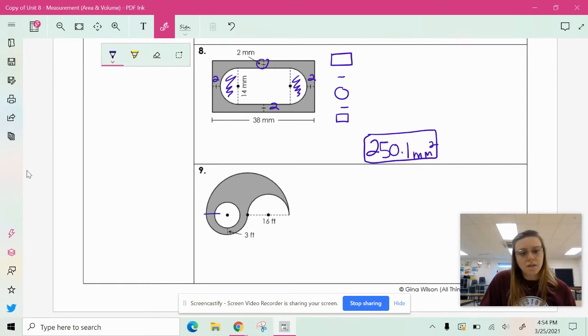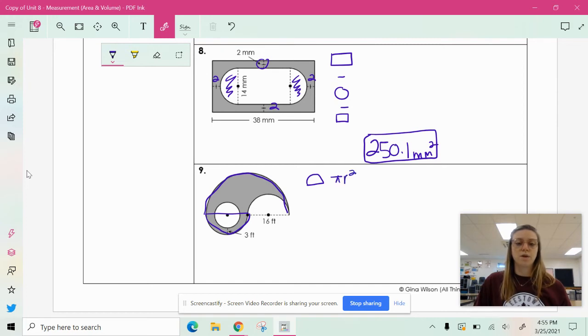If I cut this guy here, I see I have a semicircle and a semicircle. Shaded semicircle 1, pi r squared.